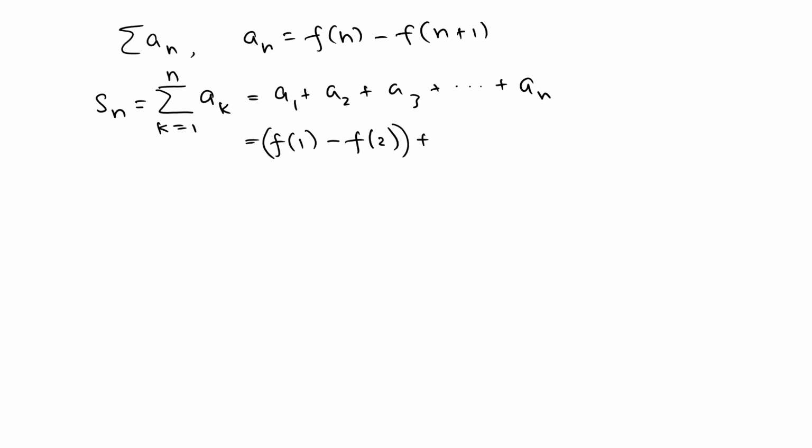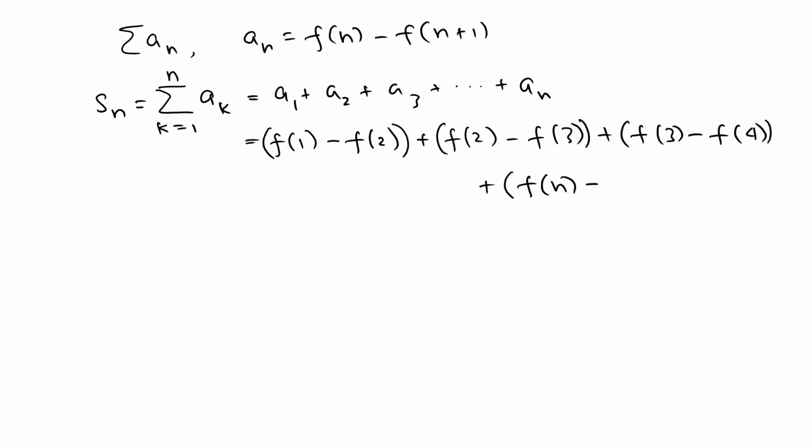If you plug in n equal to 2, it is f2 minus f3, and the next term is f3 minus f4. So that's what's going to happen. And if you look at the nth term, it is fn minus fn plus 1.